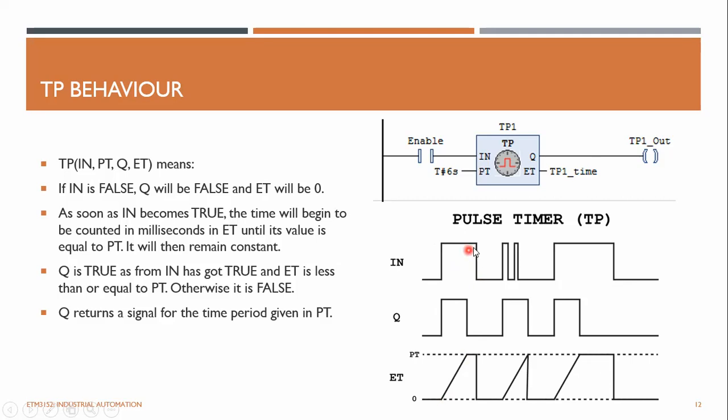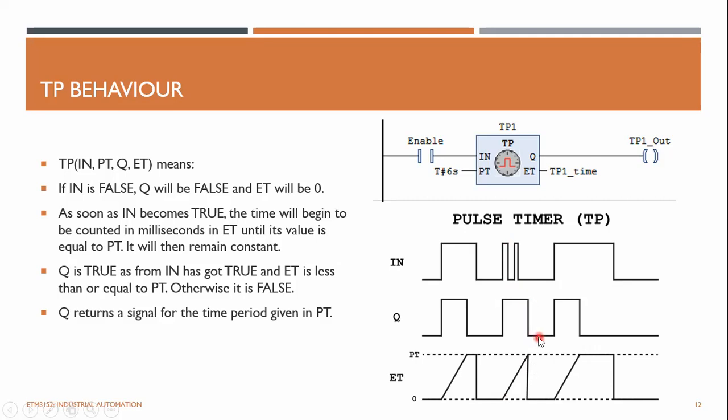And when your input goes to zero, the elapsed time also goes to zero. Now in this example, the input goes high, the output also goes high at the same time. The elapsed time keeps counting, and no matter if you turn the input off or on multiple times, the elapsed time keeps counting until the output goes to zero, right?